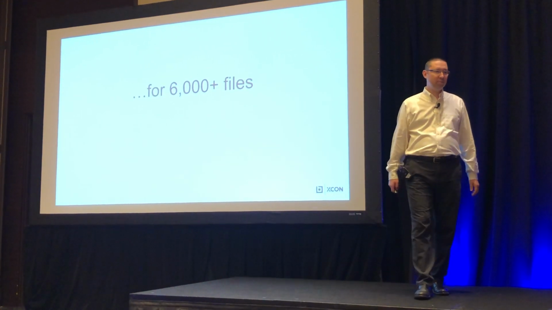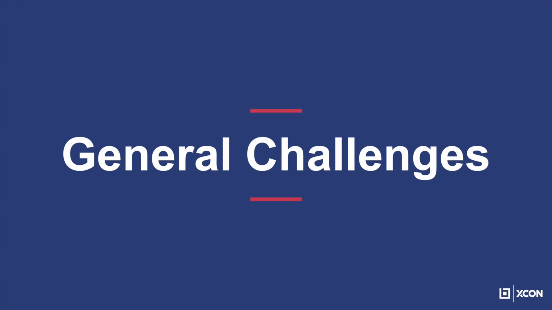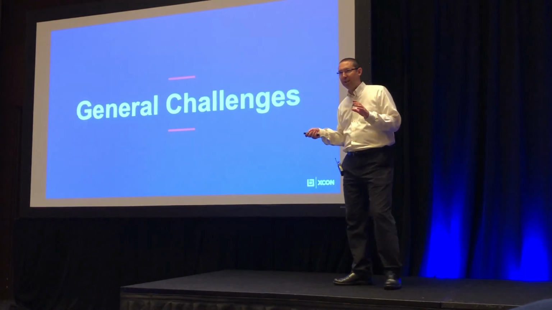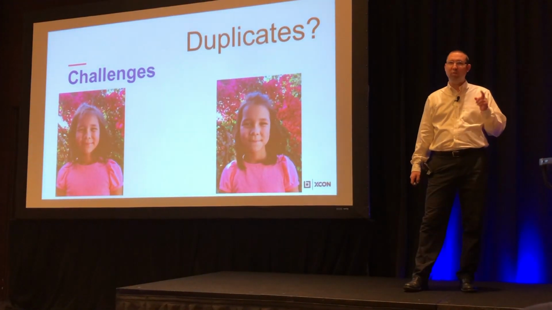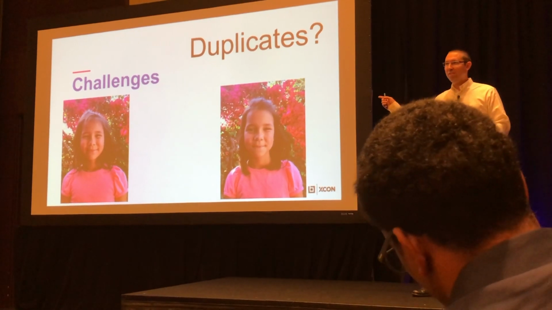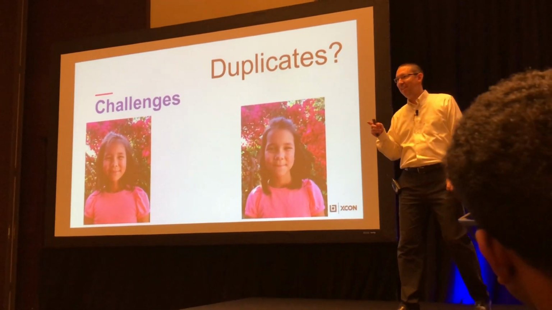Will it work? Well, before we get into the challenge of big packages, let's talk about general challenges that anybody might have when running Batch Link. The first challenge is duplicates. I showed this slide to one of my colleagues, and when I told her that these are not the same girl, she told me, you're lying.